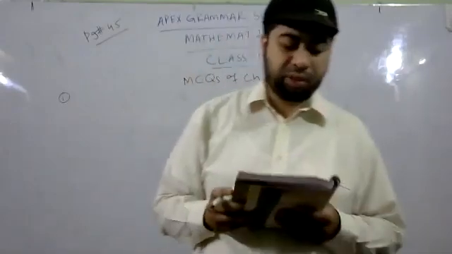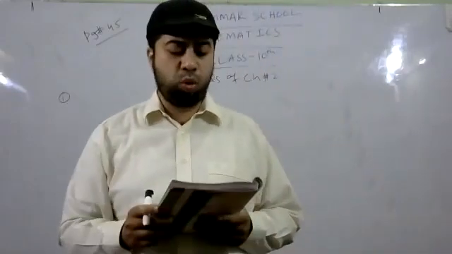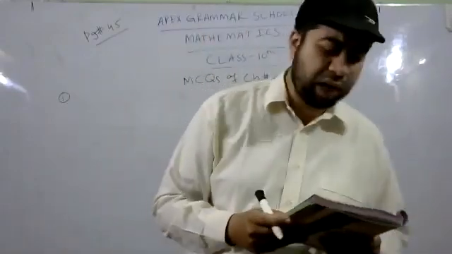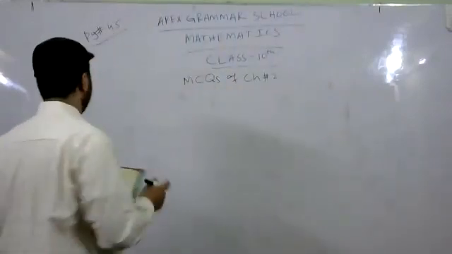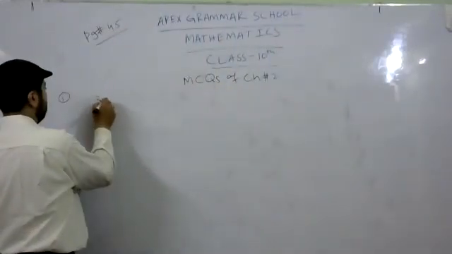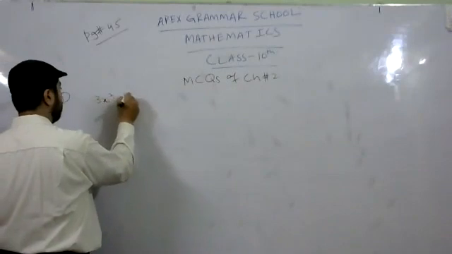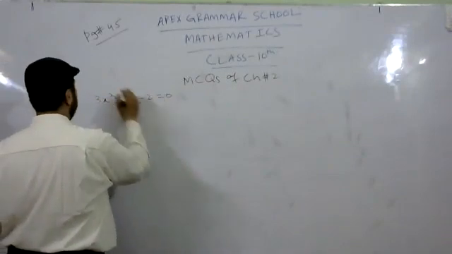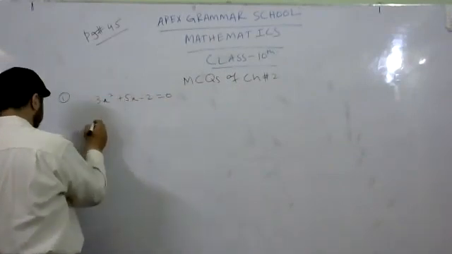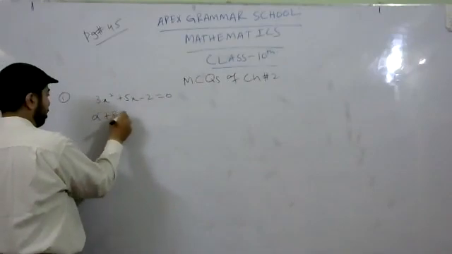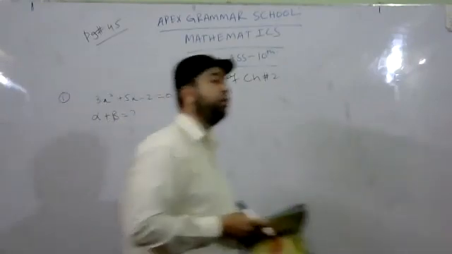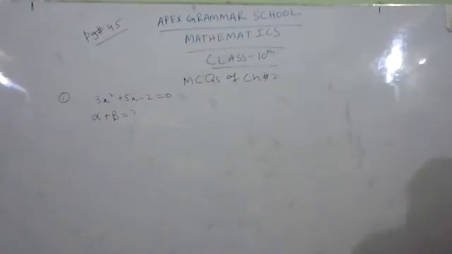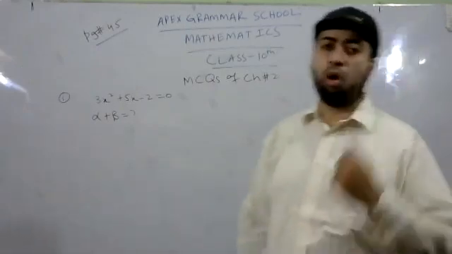The first is: if alpha and beta are roots of 3x square plus 5x minus 2 is equal to 0, which is a quadratic equation, find the value of alpha plus beta. Alpha plus beta means sum of roots.